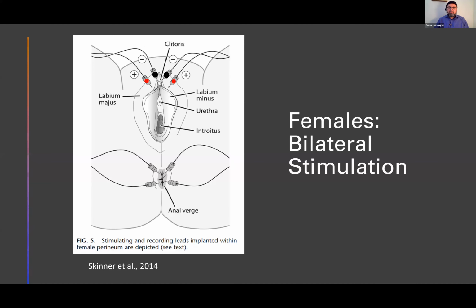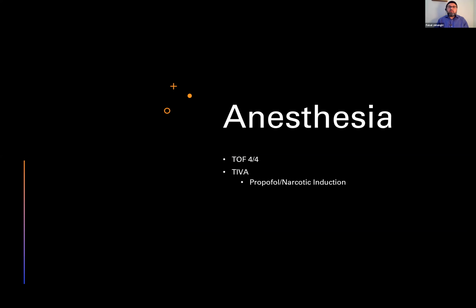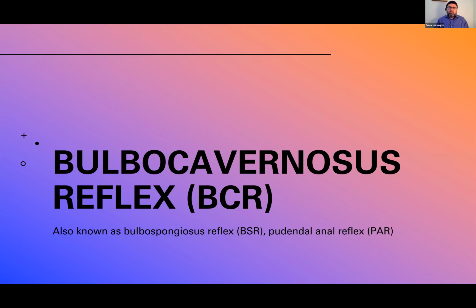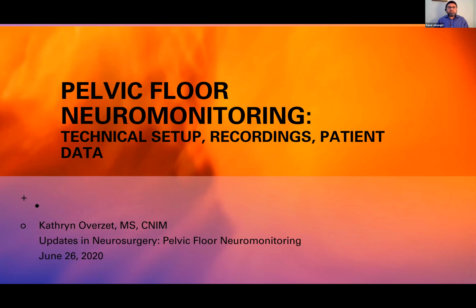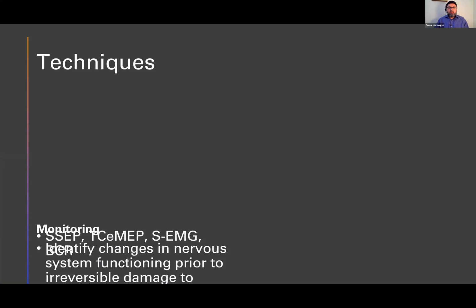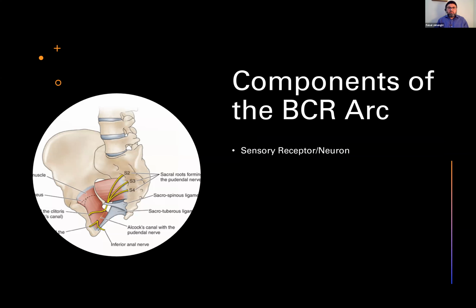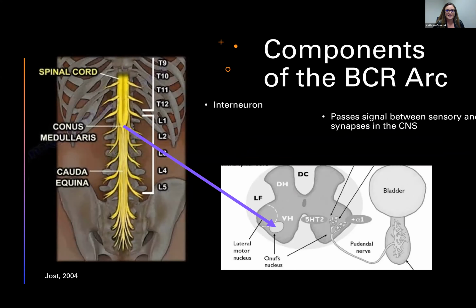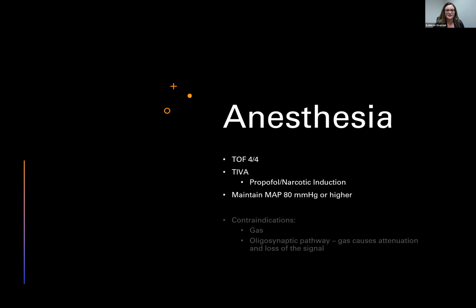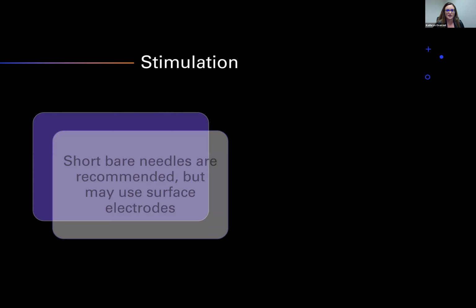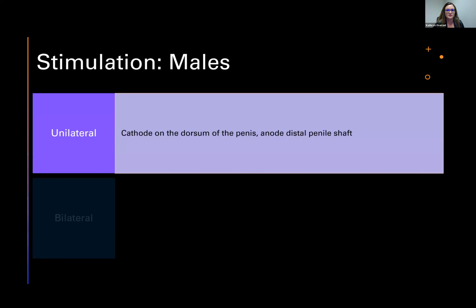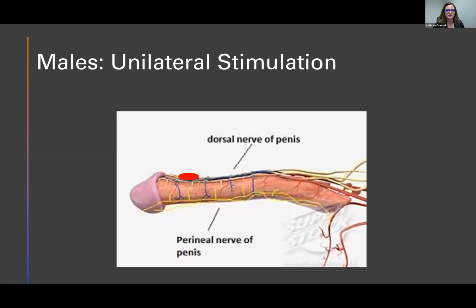So you use the surface electrode if you're using the dorsal surface of the penis. But if you're using the base of the penis, then you can use a needle. Oh, I went too far now. Yeah, so the location that I've now been finding preferable, this would be with your surface electrodes.